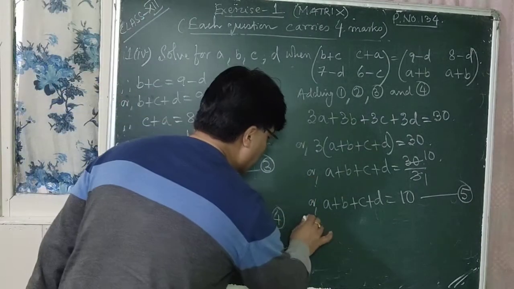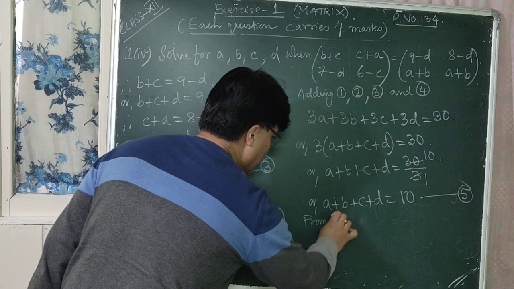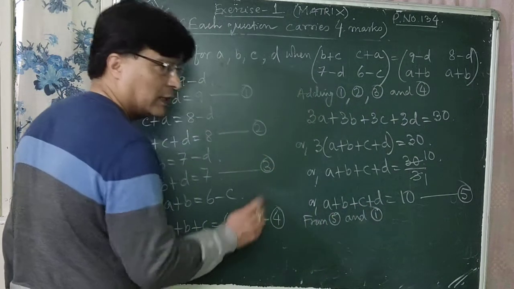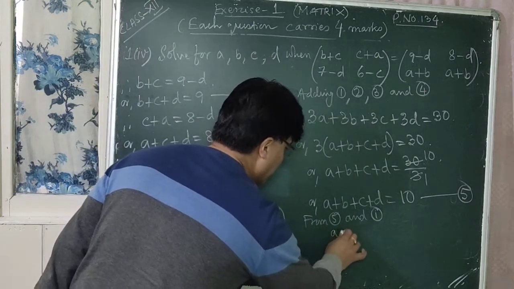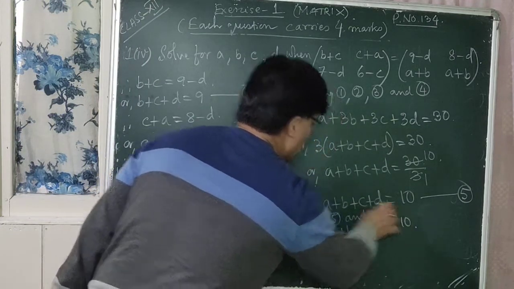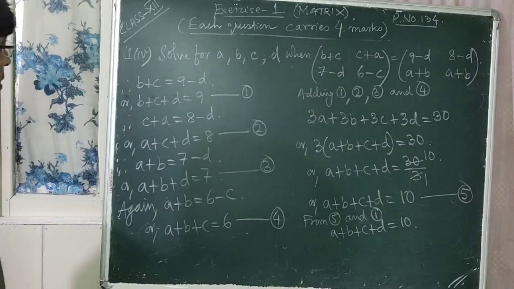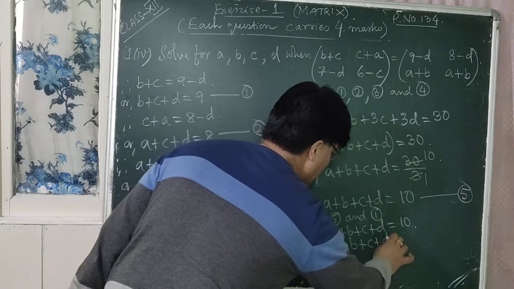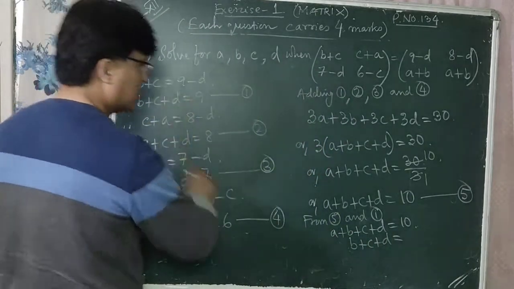So let us write from 5 and 1. Here 5, A plus B plus C plus D is equal to 10, right? And let us write number 1. That is B plus C plus D is equal to 9.